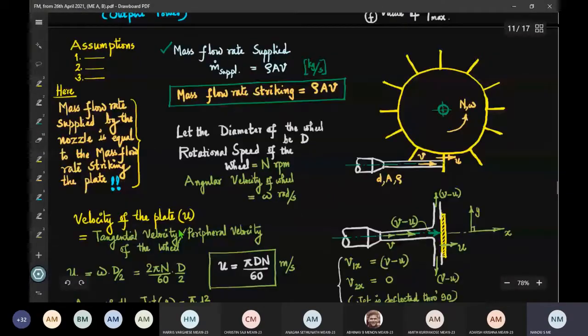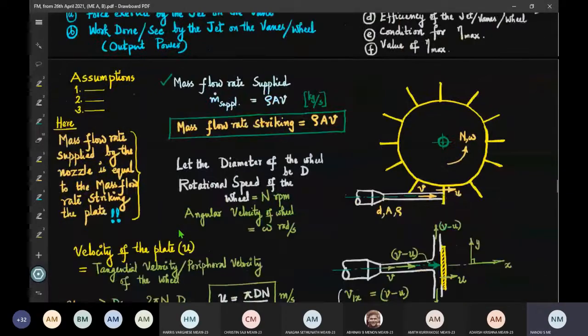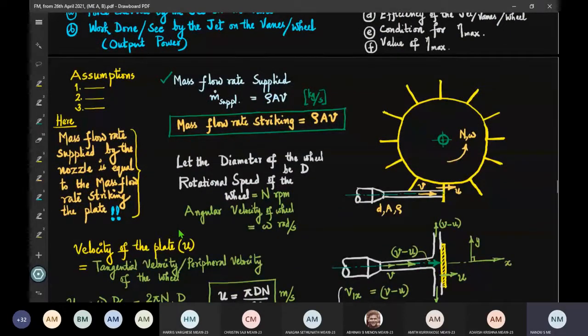The next option: how can we make power generation from these kinds of vanes, like flat vane or curved vane, possible? How to make the power extraction possible continuously?